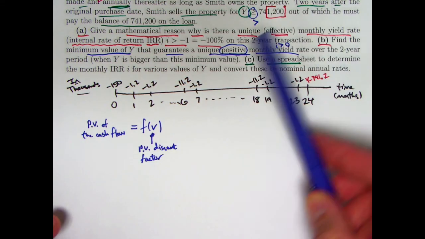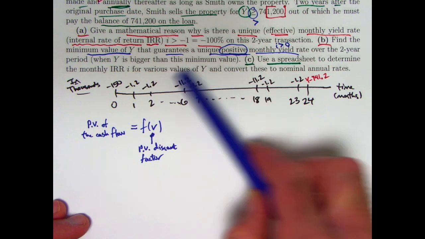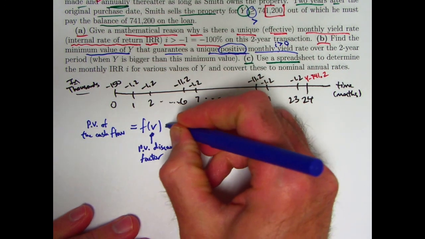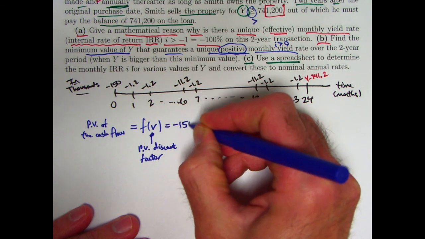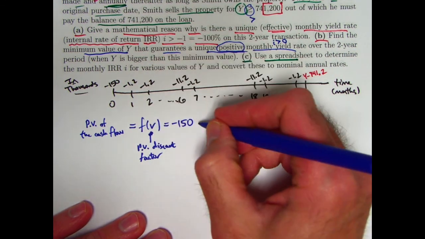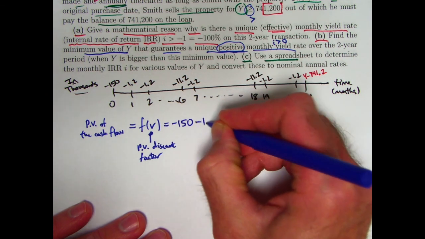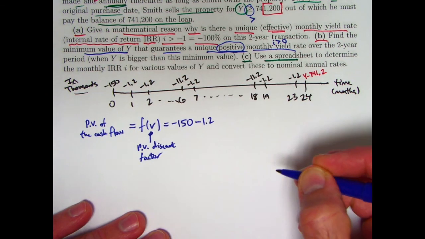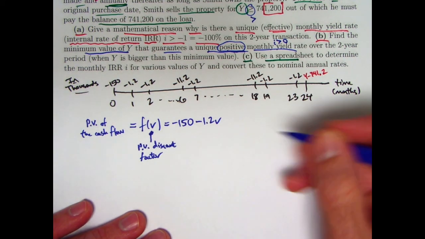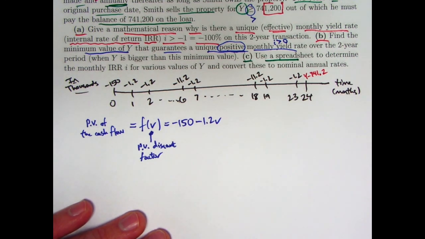So this is the thing that I'm going to use to discount all these amounts back to time 0. Now the negative 150 is already at time 0, so it does not need to be discounted. Just write a negative 150. This negative 1.2 at time 1 does need to be discounted back by 1 month. It needs to get multiplied by V. This present value discount factor, again, if I is 0.1, V is 0.909.